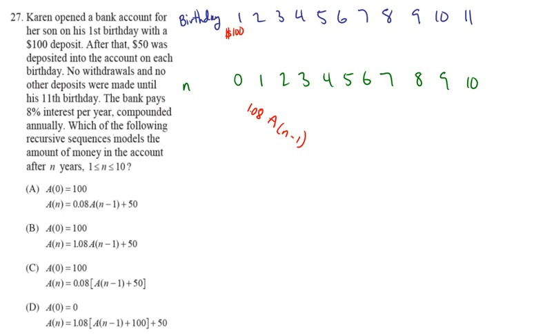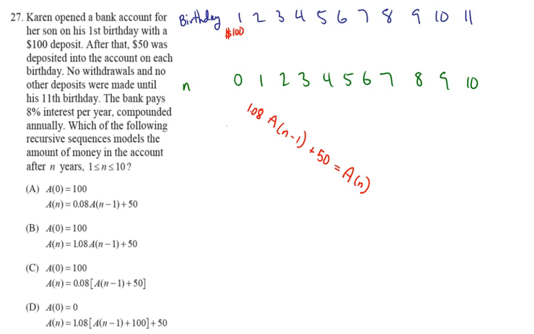So at the end of the first year, on the second birthday, when n is equal to 1, we're going to multiply 1.08 times a of n minus 1. How much money was in the bank at the beginning of that year? And then we're going to add $50 to it.